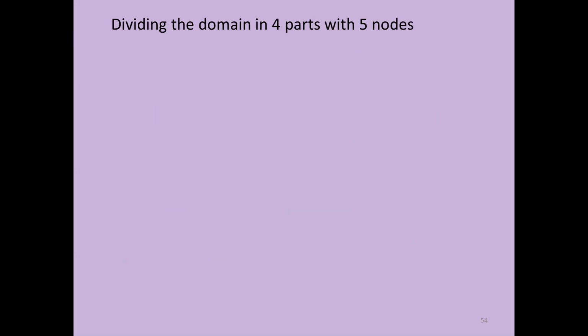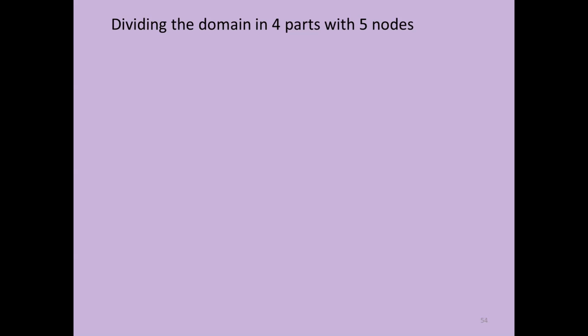Now for obtaining the solution through the finite difference method, the first point is that the domain is to be divided into a number of parts. The domain is the area in which the solution is being sought. So in this particular case, the bar itself has to be the domain, and since we are looking for a one-dimensional solution, the domain is going to be represented by a line.